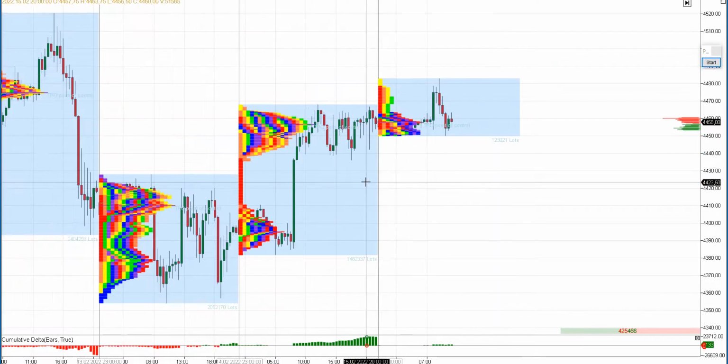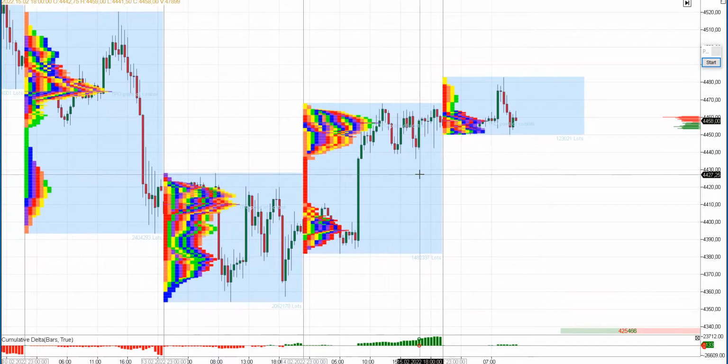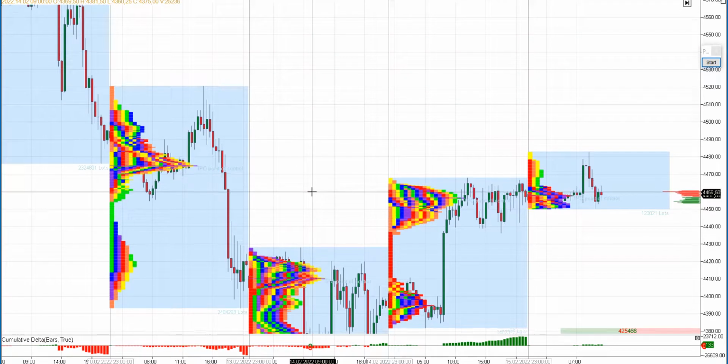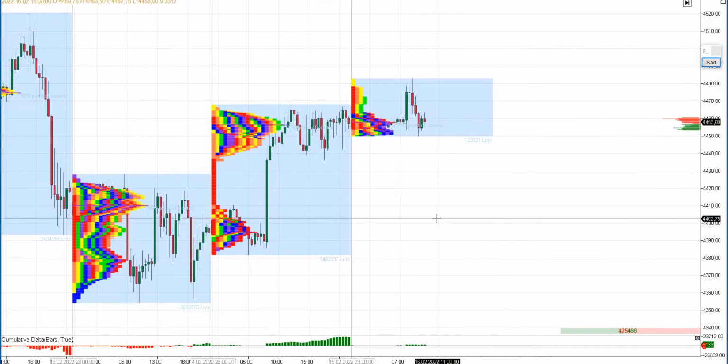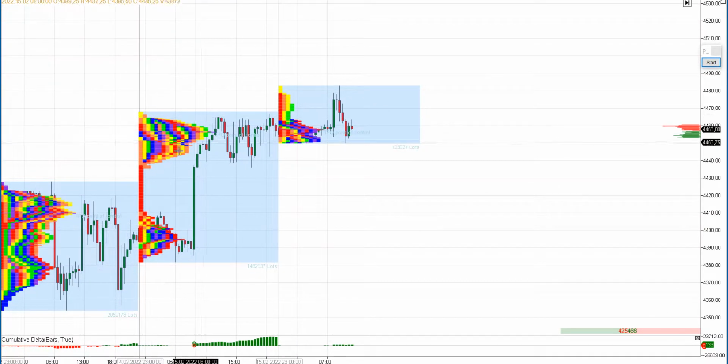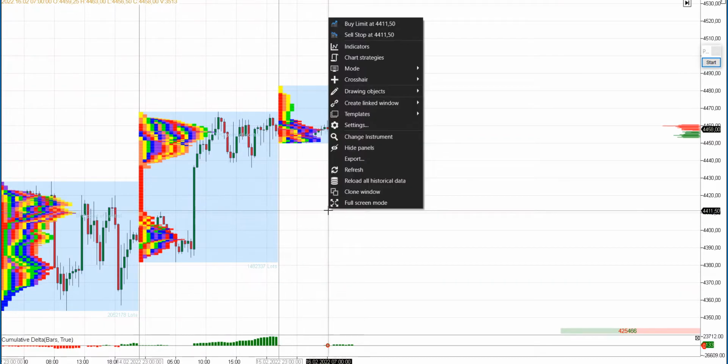So it's pretty easy, but at the end of the day, just try it and check the market, check the history of the market. I personally just use the market profile to check my volume profile.